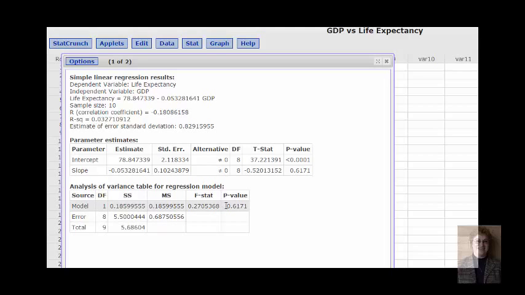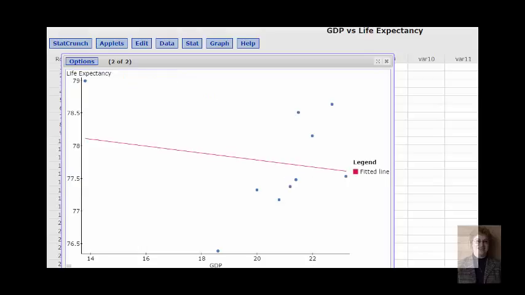You can see our p-value down here is not very small, so I would say this is probably not statistically significant. One thing I do want to show you in StatCrunch is you'll get more than one page, and here is my fitted line, and you can see that we really don't have a strong linear relationship.